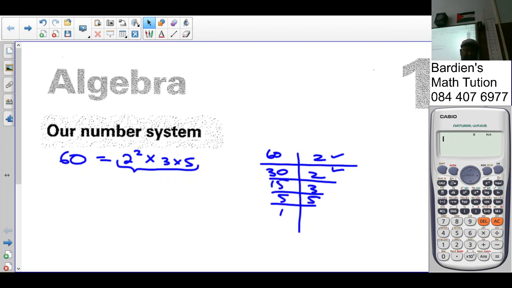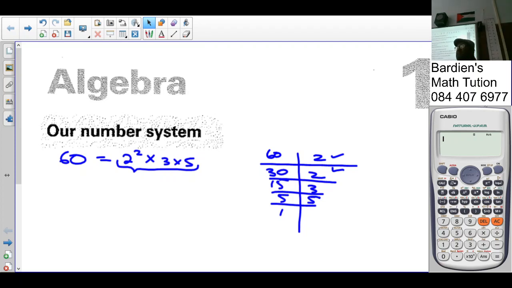There is that method of changing a recurring number to a fraction. Okay, that's on page 3.